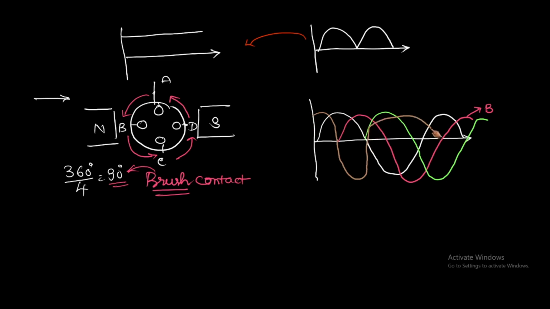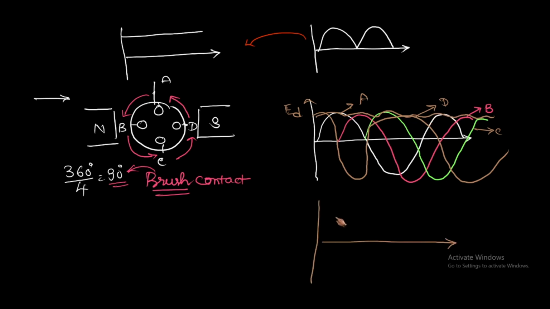If you observe all the waveforms, this is of D, this is of C, and this is of A. Because the brush is in contact only for 90 degrees, you are going to get only a flat topped wave. So if you observe the output waveform, it will be like this. So this is the induced EMF.